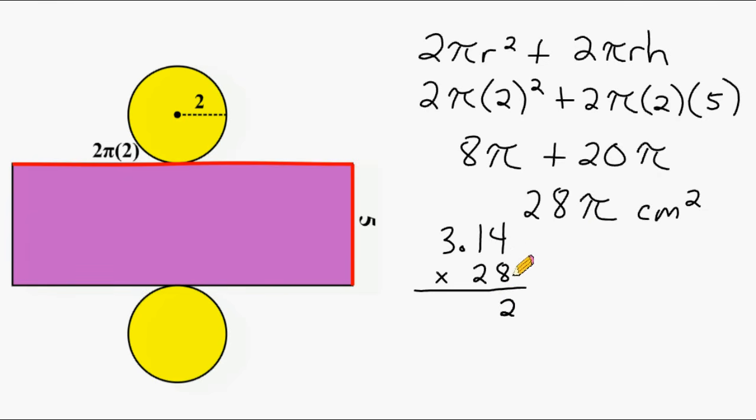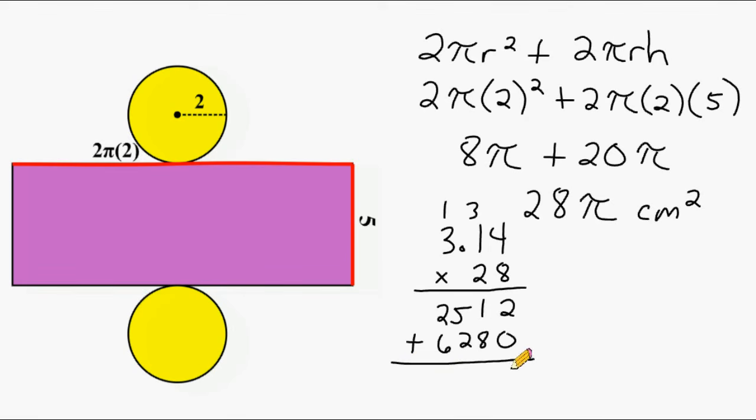8 times 4 is 32, and 8 times 1 is 8 plus 3 is 11. 3 times 8 is 24, plus 1 is 25. Now we put a 0 here, and we multiply 2 times 314, which is 628. And then we add our digits up.